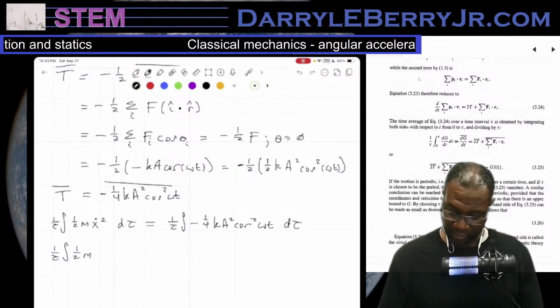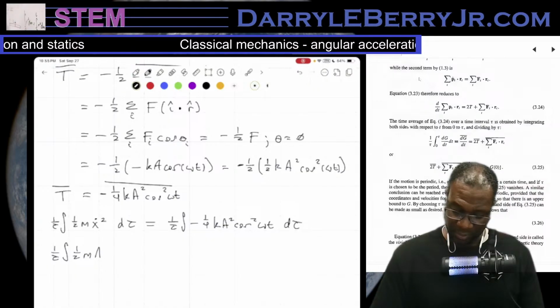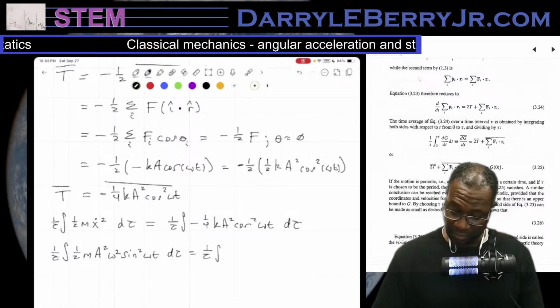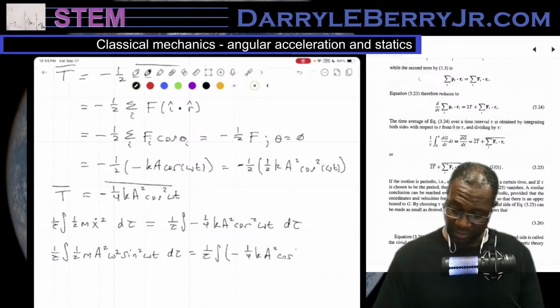So if I square x dot, it's going to be a squared omega squared sine squared omega t d tau. And that's supposed to equal 1 over tau integral negative 1/4 k a squared cosine squared omega t d tau.